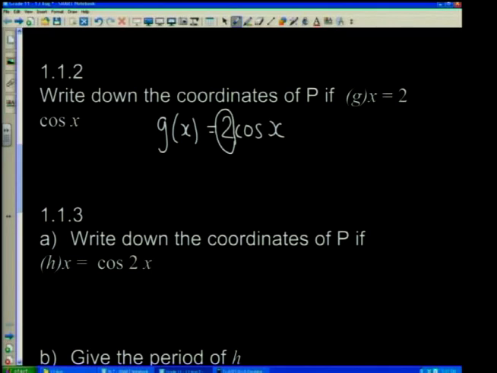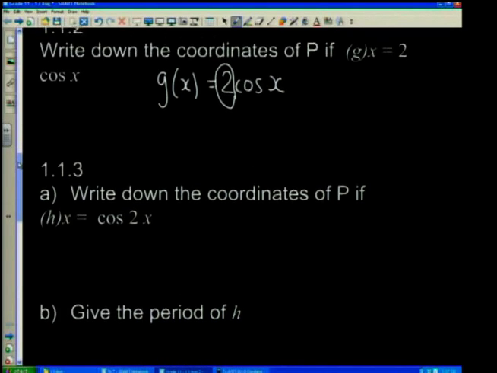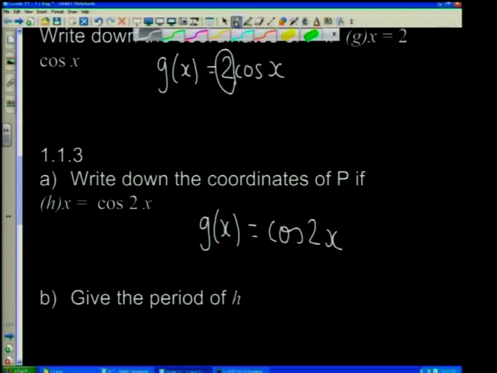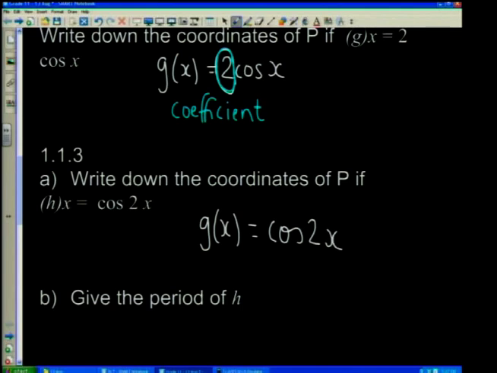What happens? The next question is, what would happen if we wanted to sketch g of x, and we would now have g of x equals cos 2x. So in this case, we have the coefficient of the ratio as a changing parameter of the ratio.